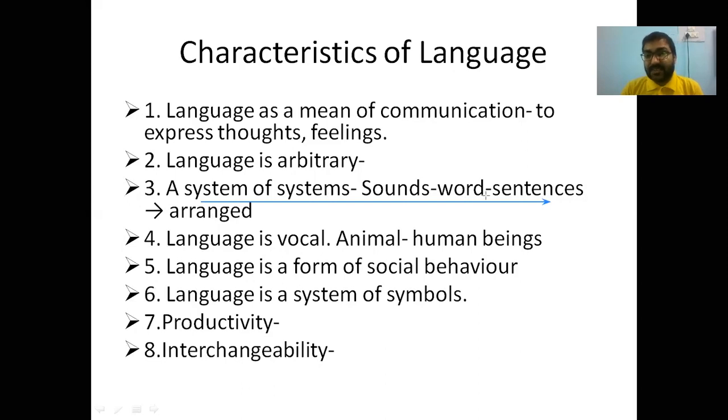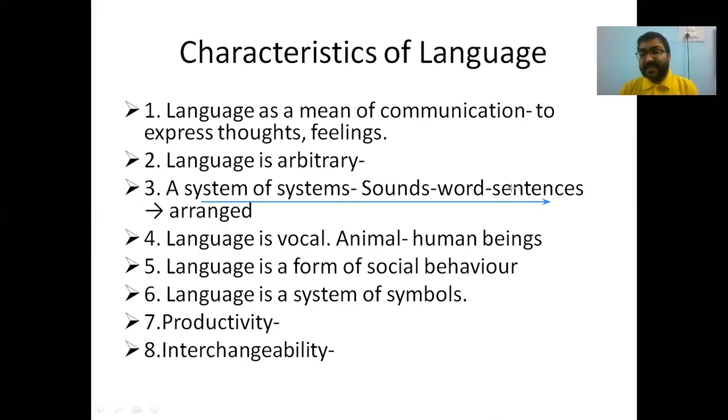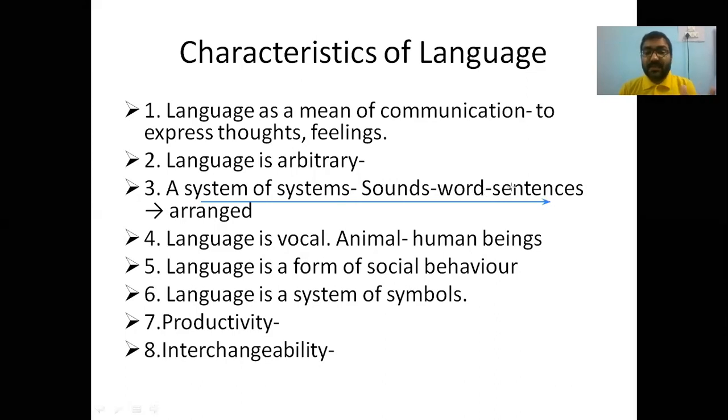When we speak we use sounds, words, and sentences, and the sounds, words, and sentences each have a structure, and above all this there is also a structure in the language. That's why it is said to be a system of systems.